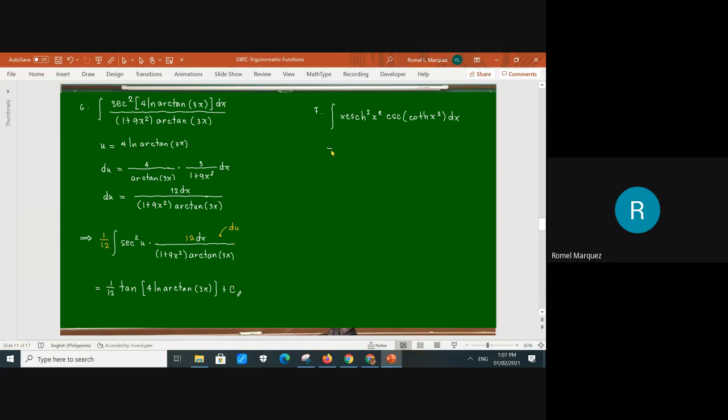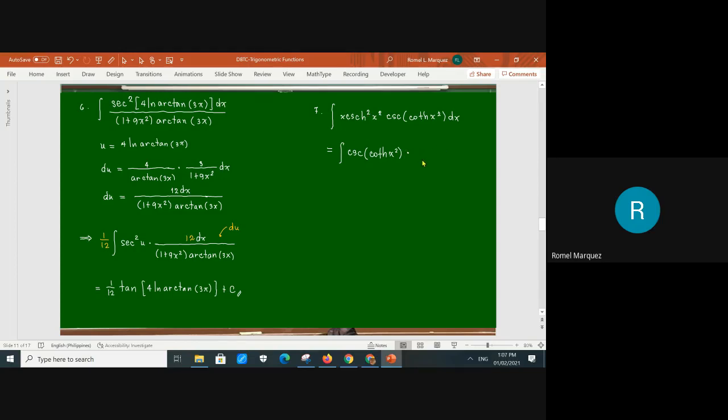Let's put this first in a proper form, no? So we're going to begin with cosecant, and its argument is hyperbolic cotangent x squared, and the derivative of hyperbolic cotangent is related to hyperbolic cosecant squared, and then the derivative of x squared is related to x. So I'm going to put these remaining quantities to be part of the dx.